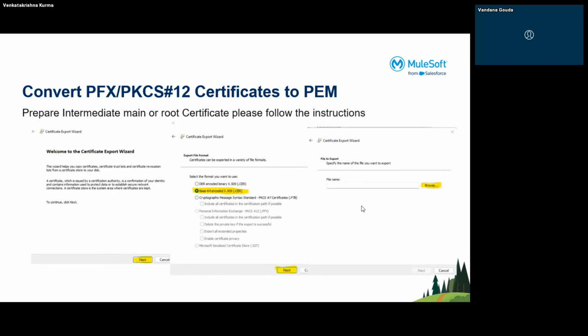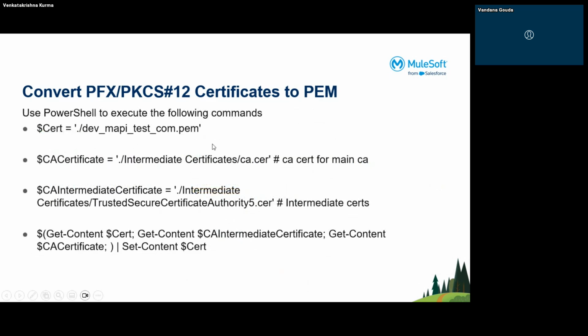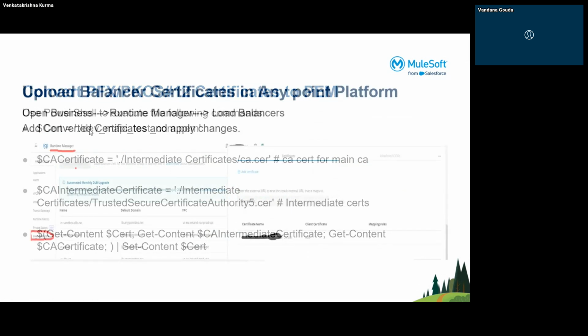And after that, we have to combine all of them. Now we have the .cer, the trusted security authority certificate, and the PEM. How do we combine these? By using PowerShell. We need to create a variable, $cer, equal to the location of that PEM, and in the same way create another variable for the location of the root certificate, and this is the intermediate certificate.